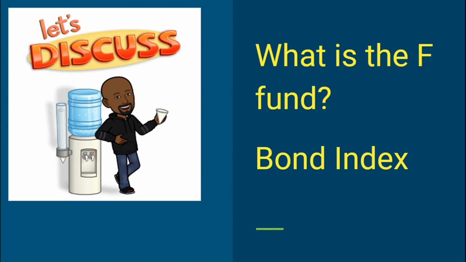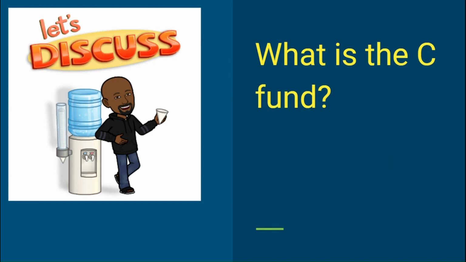And here's the thing. So far, we talked about what the treasuries can do and what the bonds can do, but here's the one that everybody likes, the C fund. This one is based on the S&P 500. Out of the 5 funds, this one has historically given the best returns.